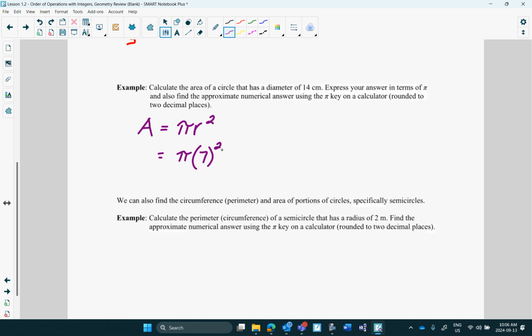You square first and then times the pi after. So this would be pi times 49. But that's not a good way to write it. We want to write it 49 pi. Always write the number first and then the pi symbol at the end. It looks better that way.